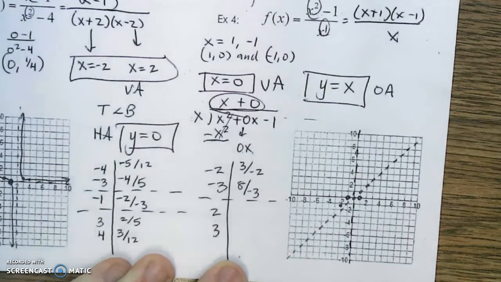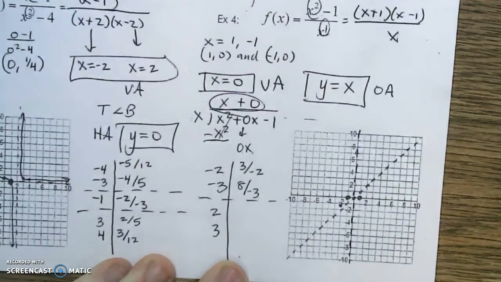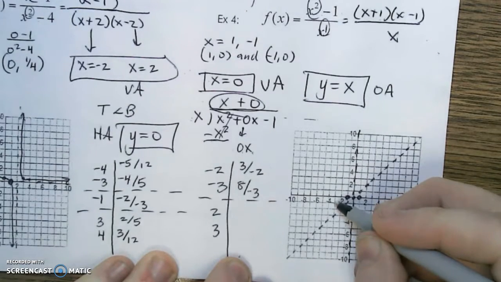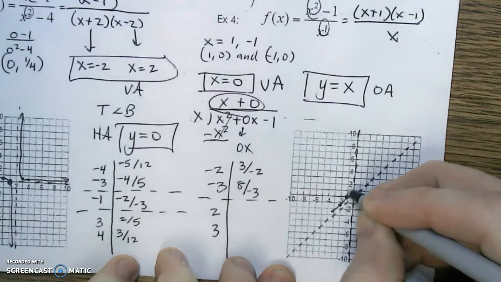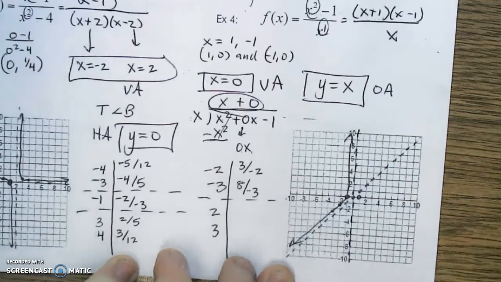So that's going to be negative, it goes in twice, -2 and 2/3. So I'm going to go down 1, 2, again, really close to the dotted line. So here we get something that looks like that.